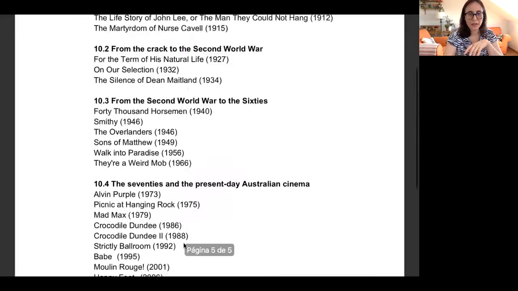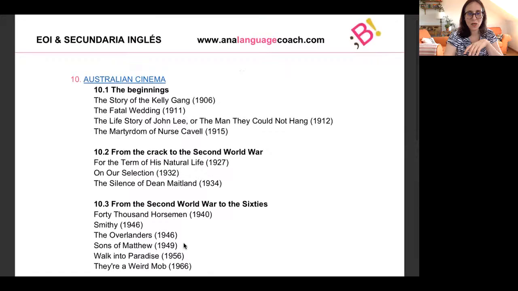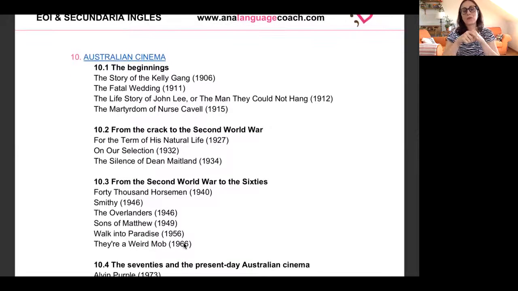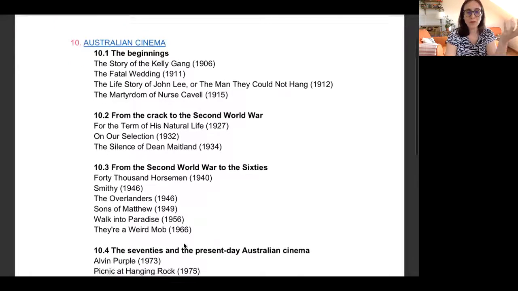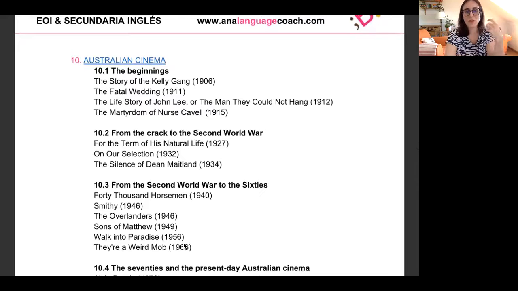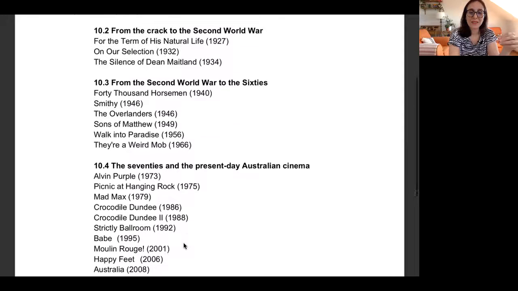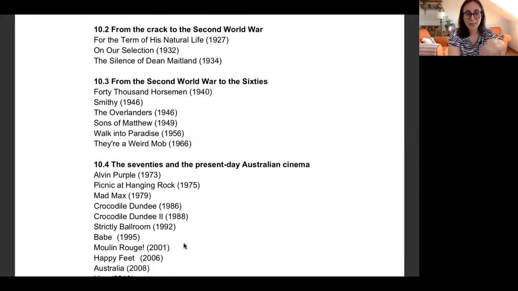And the last page is about Australian cinema, because we consider this also. Not only here, in my PDF you will find many: the beginnings, from the beginnings to the Second World War, from the Second World War to the 60s, the 70s, and present-day Australian cinema.